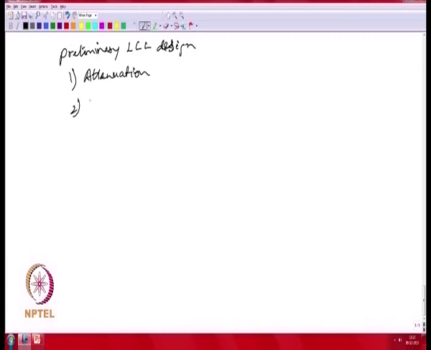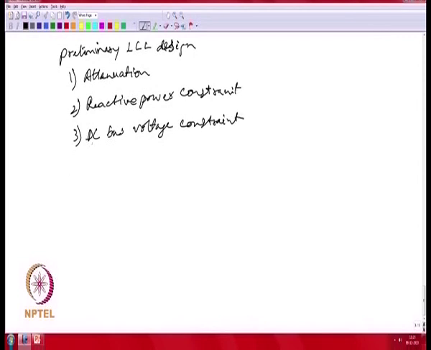It looks at the reactive power constraint. It looks at the DC bus voltage constraints. And it looks at your pass band and stop band targets.